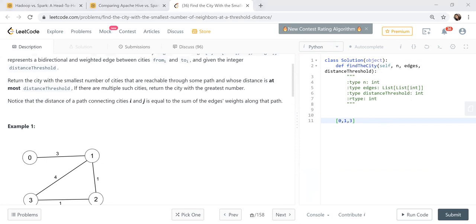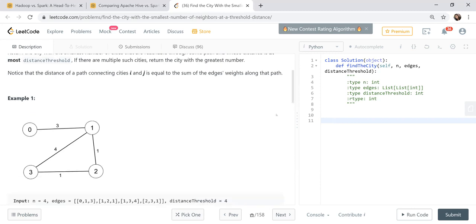I believe no. So what would be the approach that comes first of all to mind? I think we did a similar question a few days back, where something like flights was there, and we used Dijkstra to find the minimum distance or shortest distance.